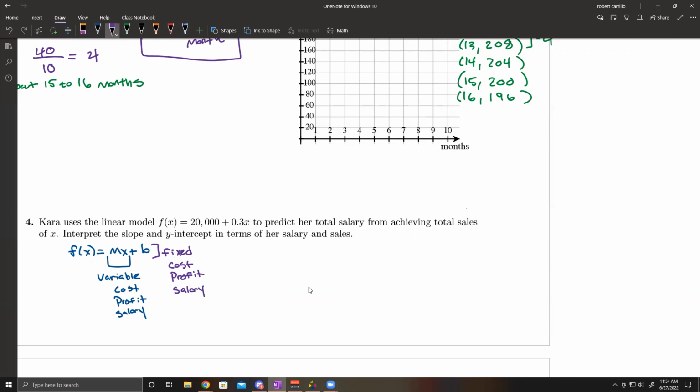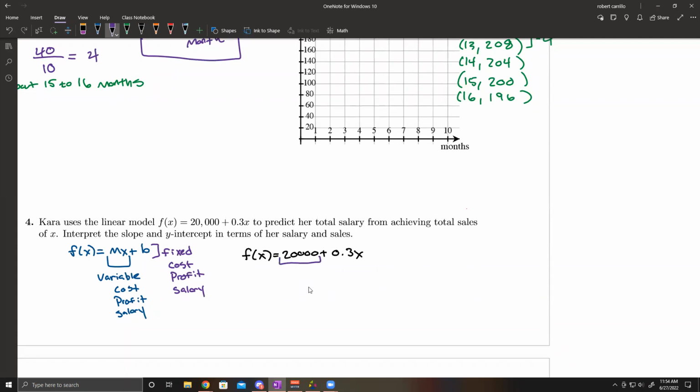Okay, so looking at the function given above, it's written as f of x equals 20,000 plus 0.3x, which is fine. It's just written opposite, right? So over here is your mx and over here is your b value. So we can label those as such.